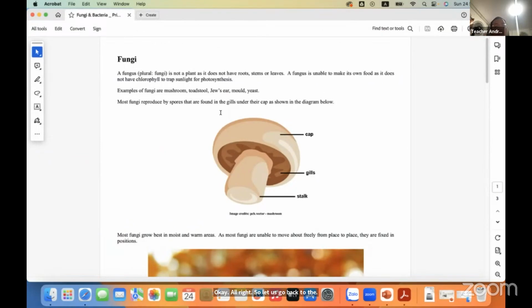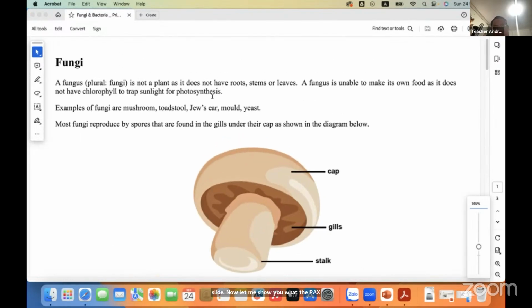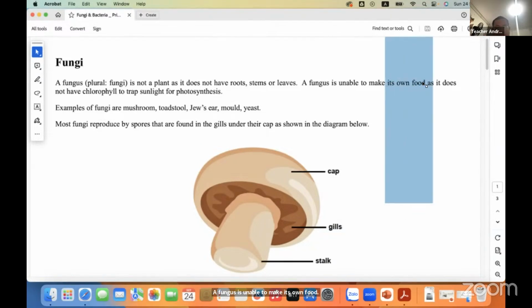Just now we have gone through the PowerPoint slide. Now let me show you what the textbook says. A fungus, plural fungi, is not a plant because it doesn't have roots, stem, or leaves. A fungus is unable to make its own food, as it doesn't have chlorophyll to trap sunlight for photosynthesis.